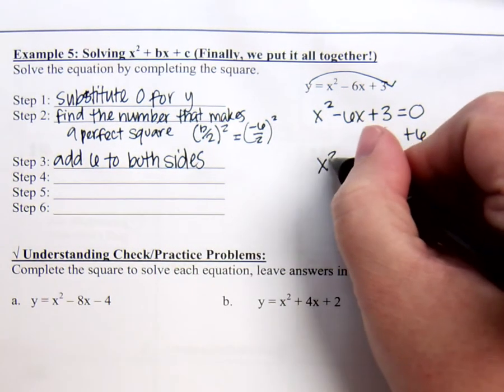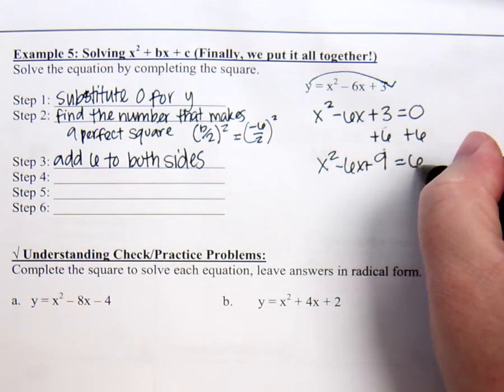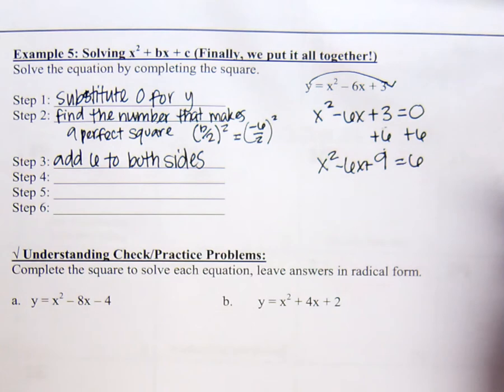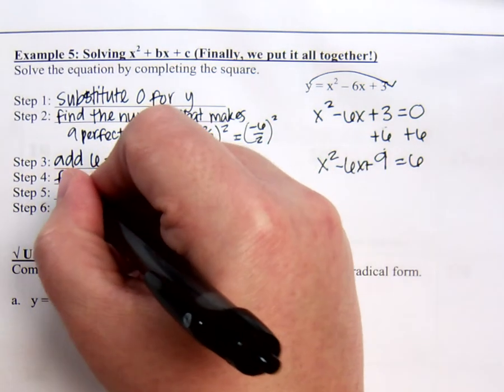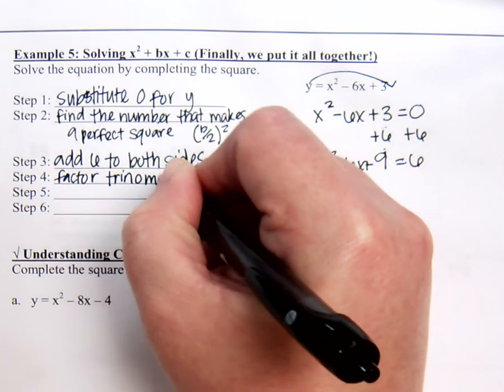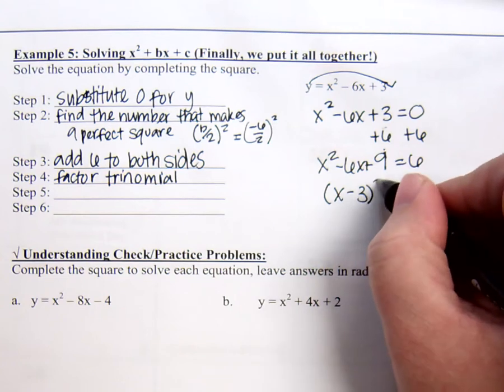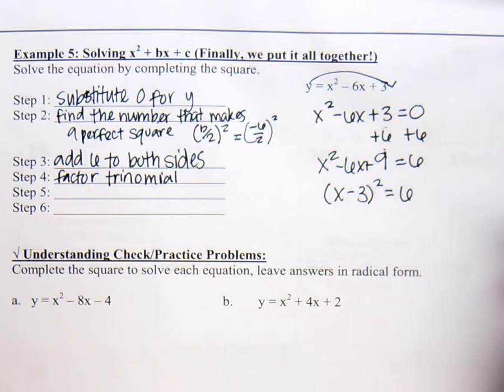So I still have x squared minus 6x plus 9 equals 6. I'm going to factor my trinomial next. Since this is a perfect square trinomial, I know this is going to be x minus 3 squared equals 6.